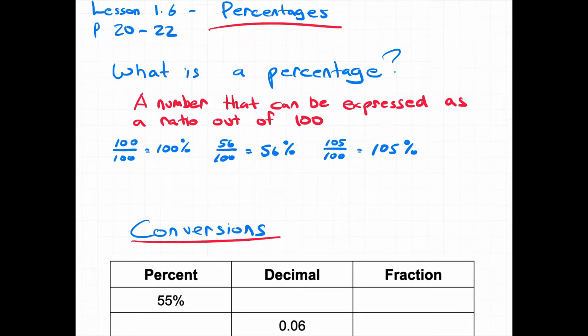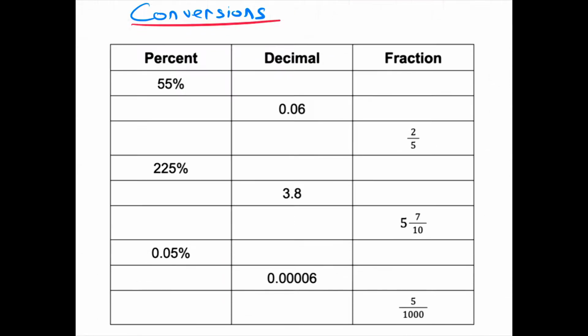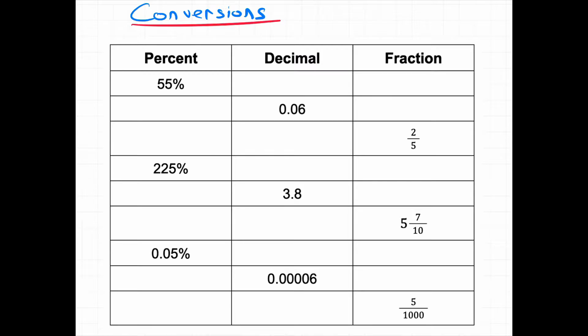Okay, now what we need to do is we need to be able to convert between percentages, decimals, and fractions. So when we're going from a percent to a decimal, what we're going to do is divide by 100. And if we're dividing by 100, the decimal place is going to move left 2 positions.